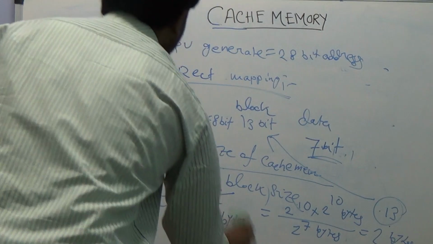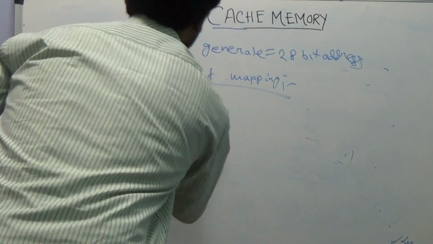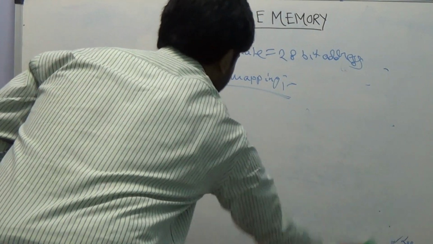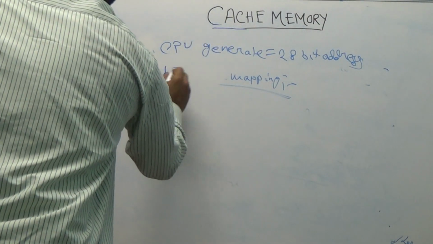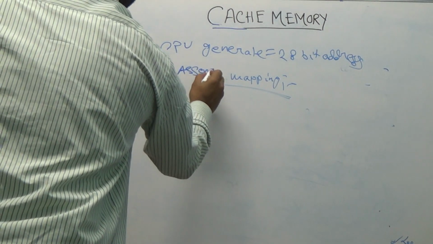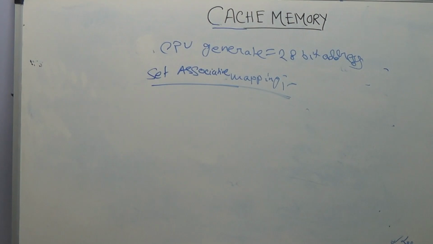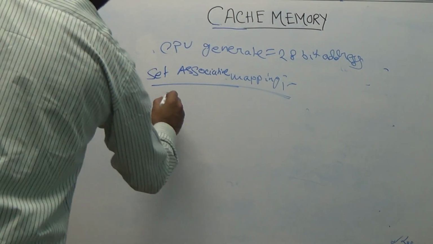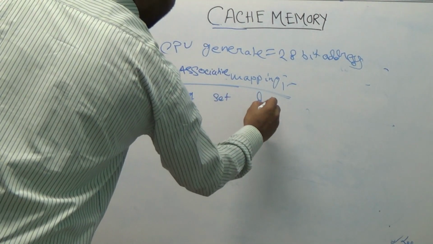So next comes set associative. In case of the set associative mapping technique, there are three fields. One is tag, set and data.